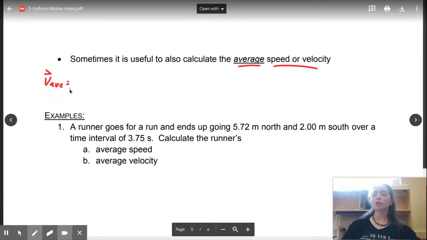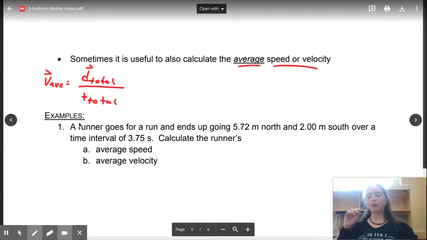So, ladies and gentlemen, we'll look at average velocity first. If I say average velocity, what I would be looking for is your total displacement divided by total time.